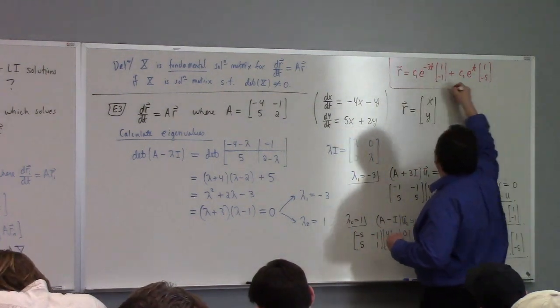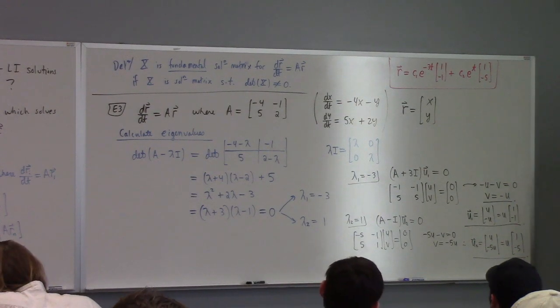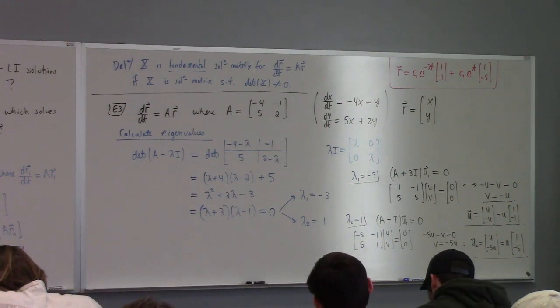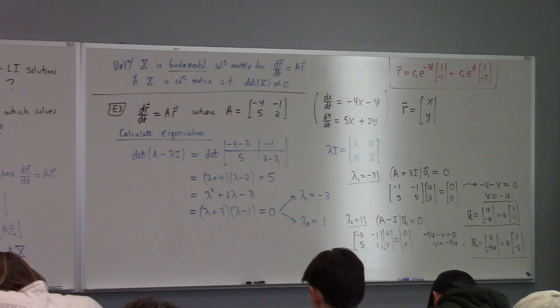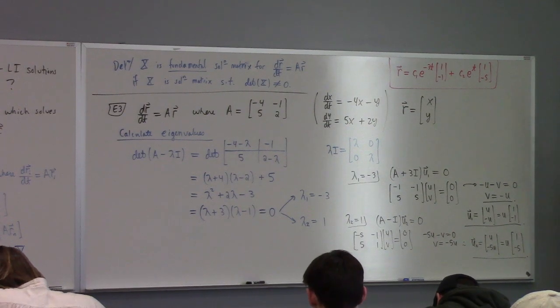And there you go. That is the general solution to this differential equation, just like that. Solved. Now we could go back to the scalar variables. I could write down this is the vector solution, all right?